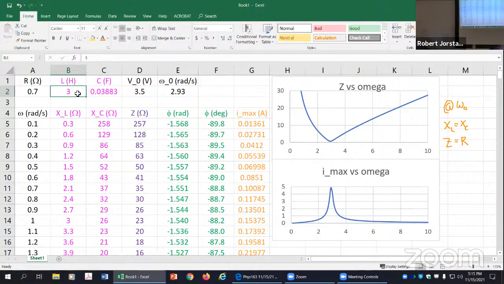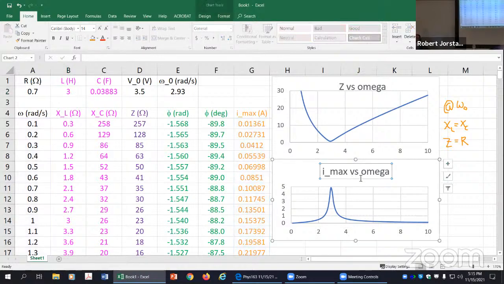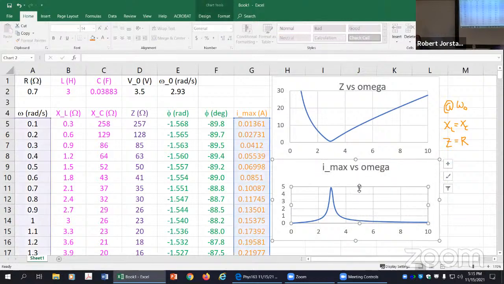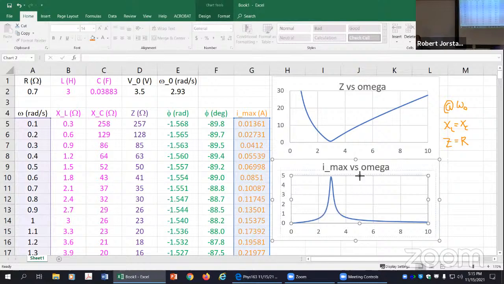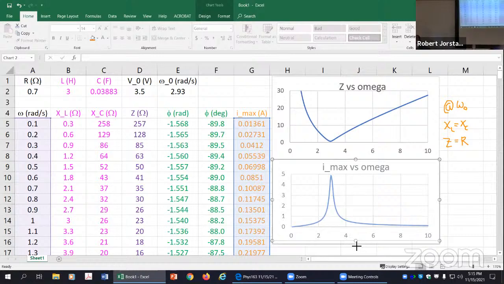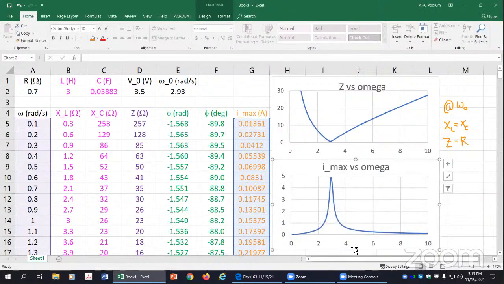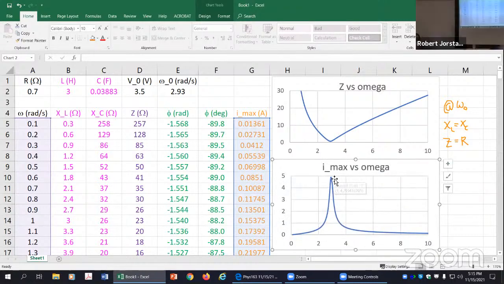What do you think is going to happen to these plots? If you increase the inductance, is that going to change the height on this lower plot down here? Is that going to change the largest peak height? What do you think? No. How do we figure out this peak height?